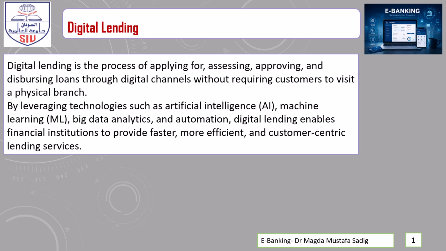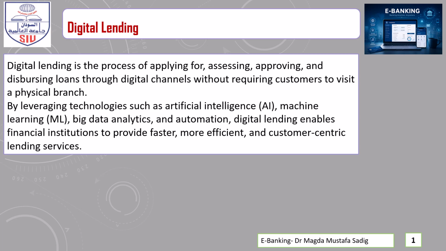Instead of relying solely on traditional credit bureau histories, digital lending algorithms leverage artificial intelligence and big data, analyzing utility payment history, bank transaction velocity, and cash flow patterns. Let us take a practical example where a small business owner needing working capital applies through a mobile app.